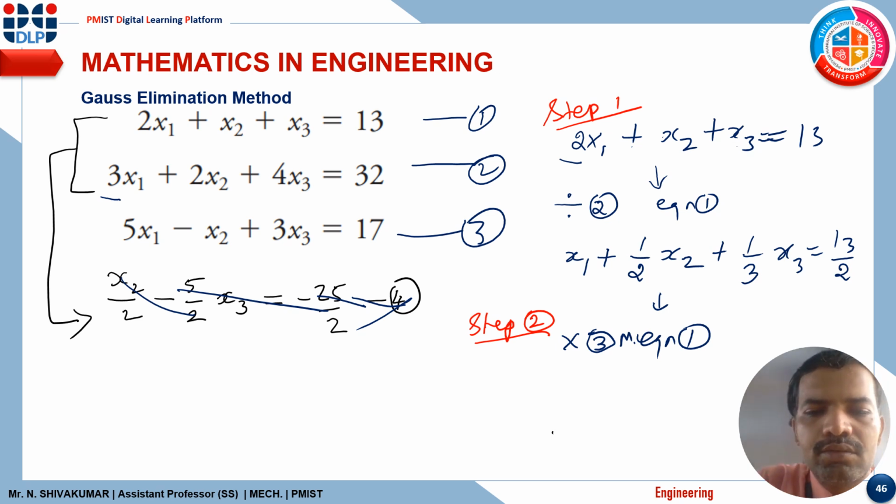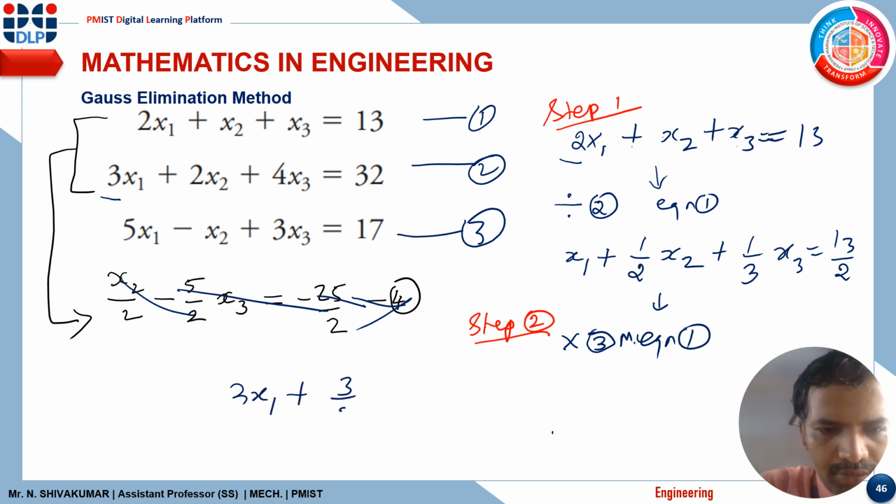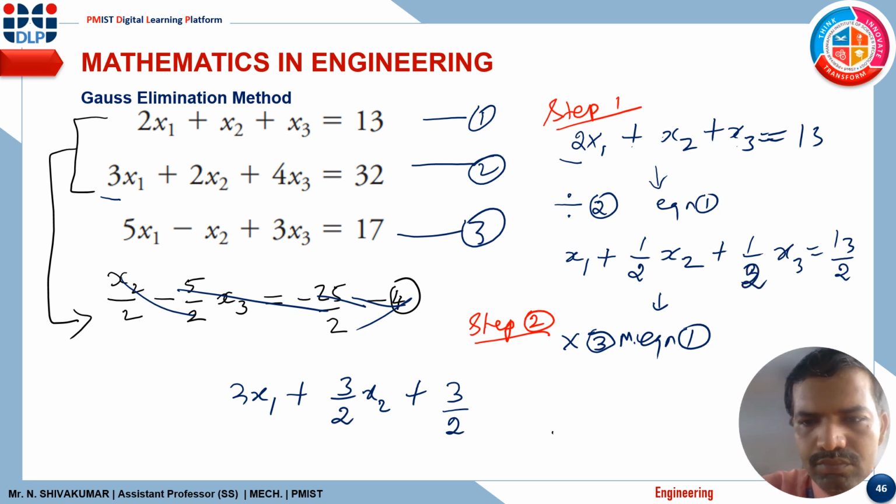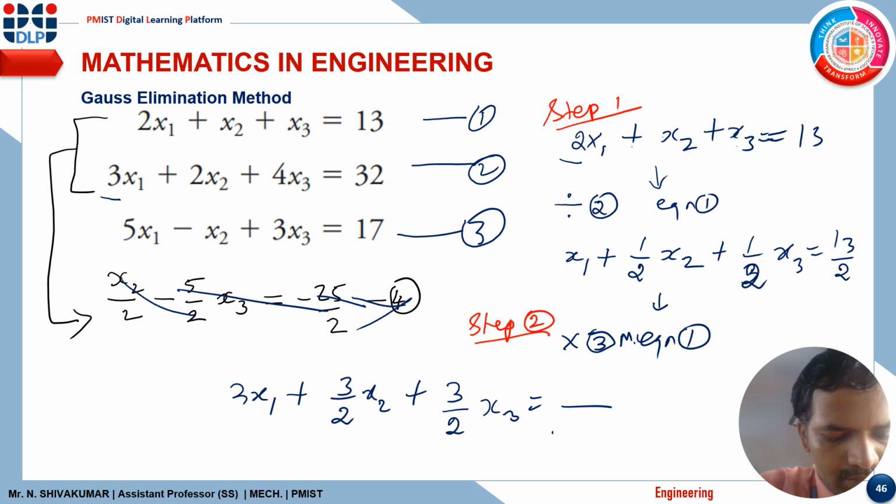So if I multiply by 3, what will happen? So 3x1 plus 3 by 2 x2 plus, sorry, here 2. Okay, so 3 by 2 x3, which is equal to 13 by 2 previously.